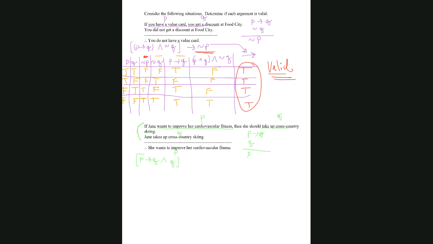So I'm going to say, then P must be true. So let's see. Go ahead and put parentheses around that. So what we need to do is we need to find a value for P, a value for Q. Then we need P arrow Q, so if P then Q.